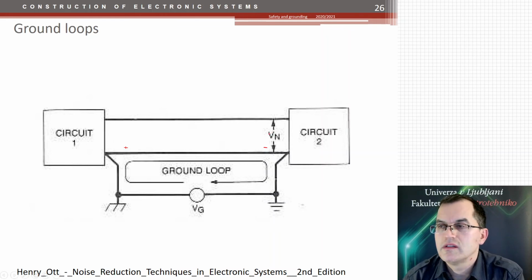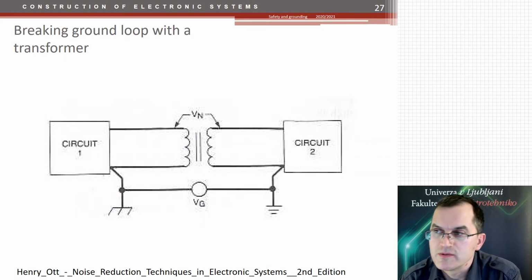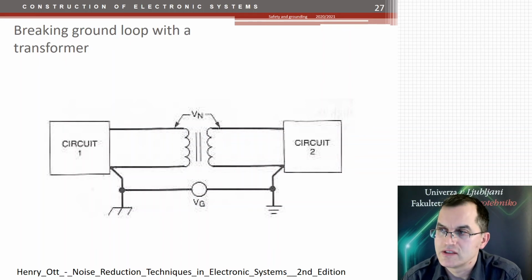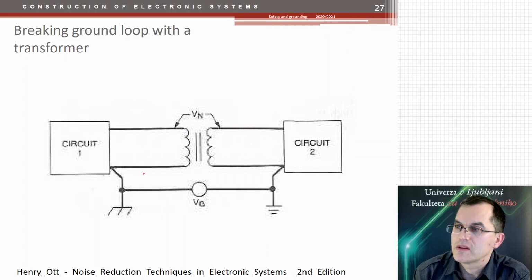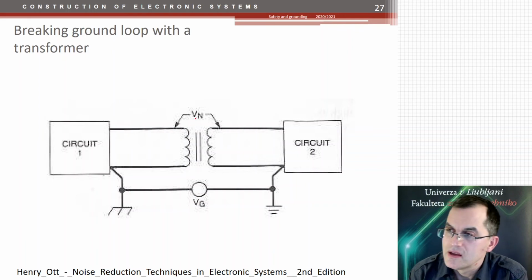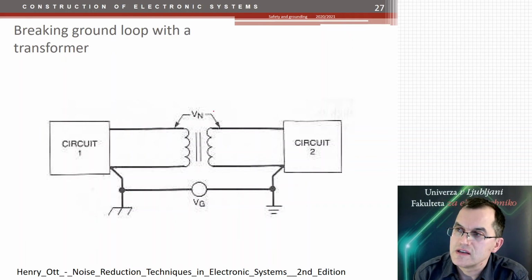First of all, you can break the ground loop with a transformer. That's the easiest way, I mean, the most obvious way. A transformer is a galvanically isolated device. You can isolate your signal here. But the problem is that, of course, a transformer has many weak points, such as the frequency dependence, for example, and others.